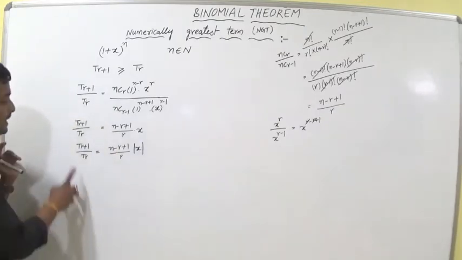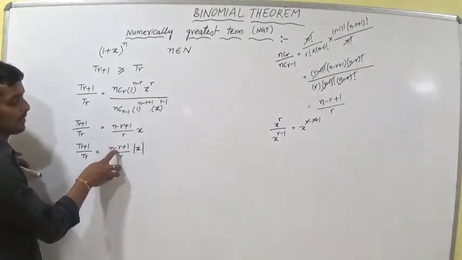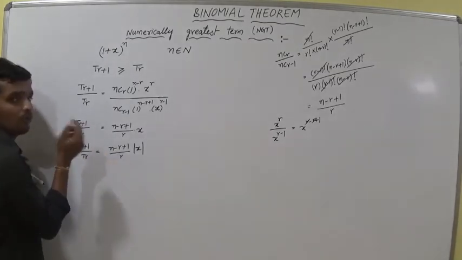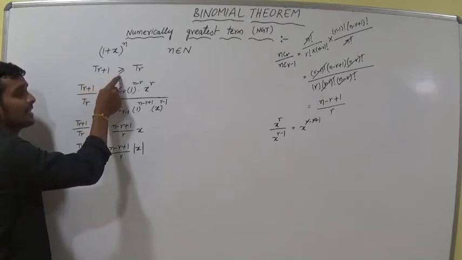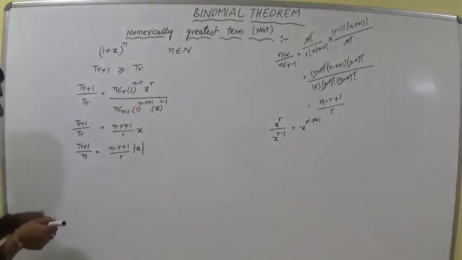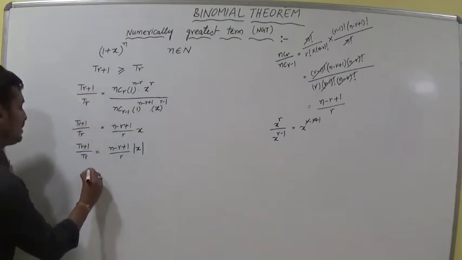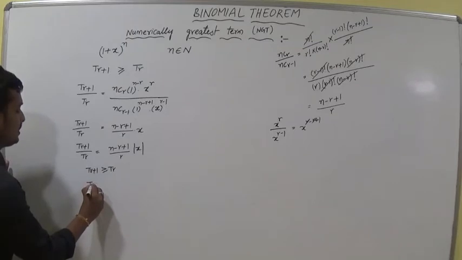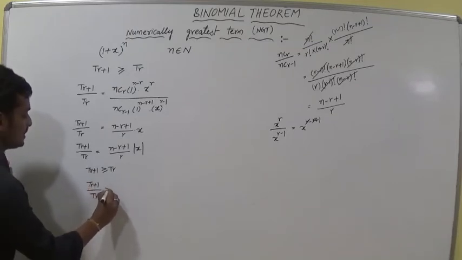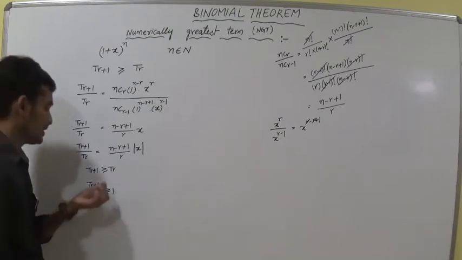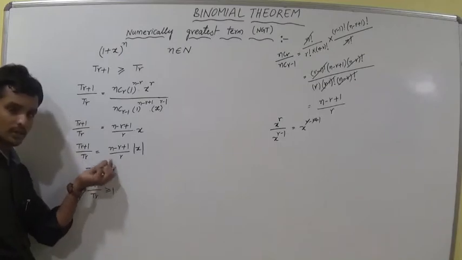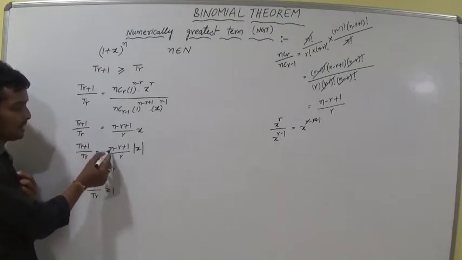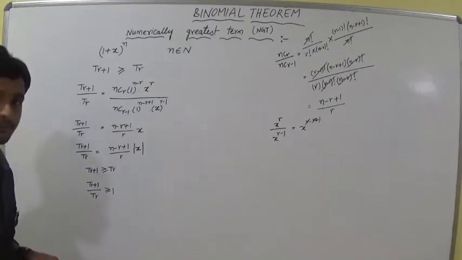So this is the way t r plus 1 by t r is equal to n minus r plus 1 by r into mod x. If you observe this, we know one point, that t r plus 1 is greater than or equal to t r. The same way t r plus 1 by t r is greater than or equal to 1. Why? Because t r comes to the denominator, so there is nothing else, I am writing 1. So what is the value of t r plus 1 by t r?